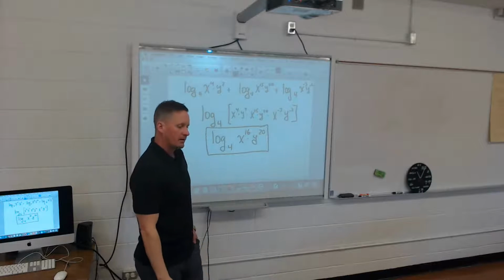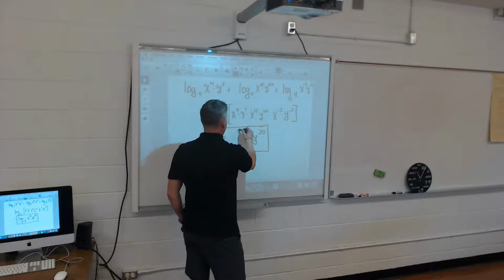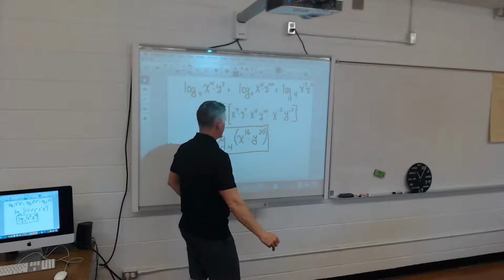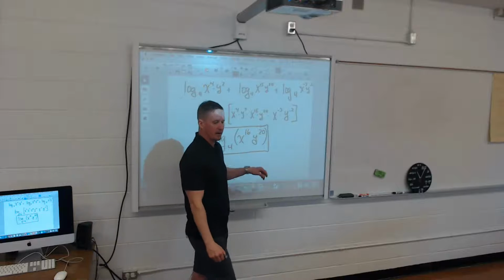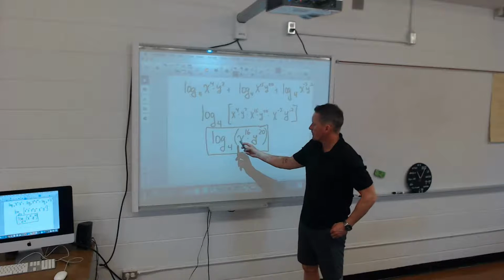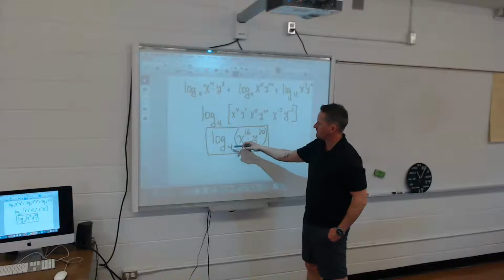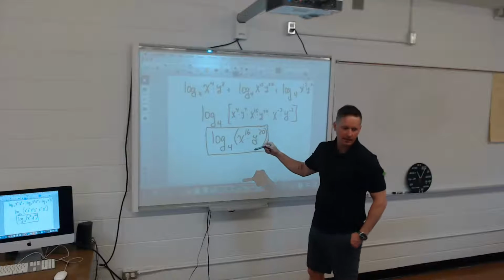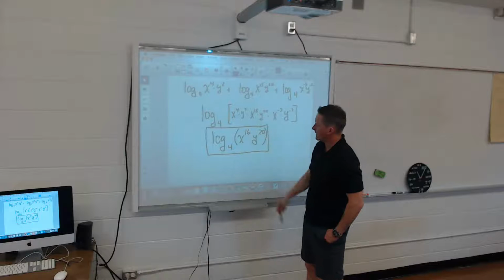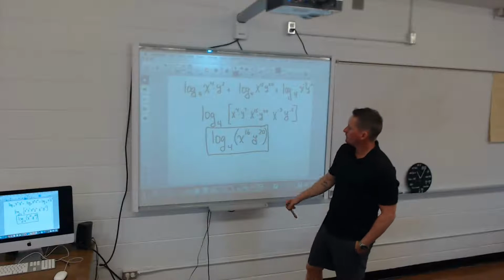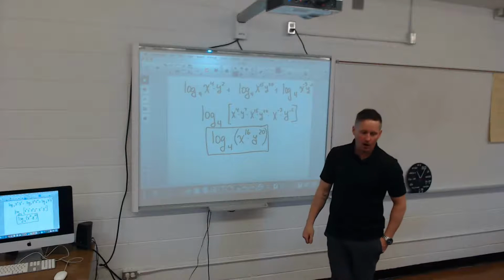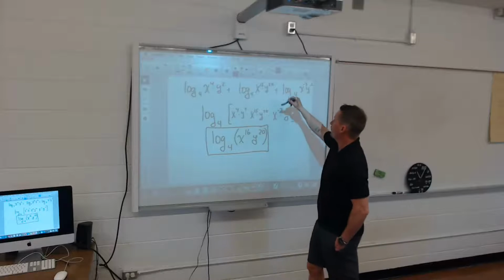There's a single logarithm. And actually, I do need the brackets here. That's an important part. I haven't mentioned that near enough. Otherwise, it looks like it's log of x to the 16 base 4 and not the y. But it's both of these together. So I get log of x to the 16 y to the 20 base 4.